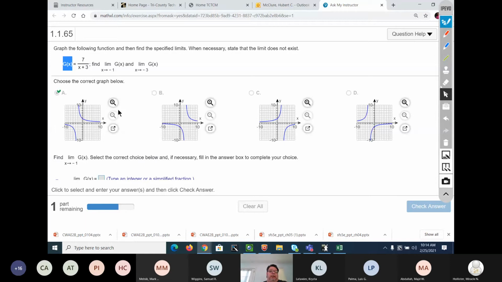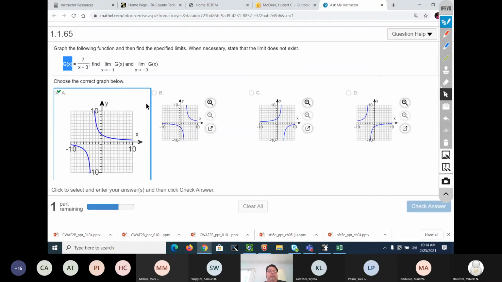Now, what does it say right here? Limit as x approaches negative 1. So I'm going to blow this up because we need to blow it up. We know that there's a vertical asymptote at negative 3. So I'm going to put a green line at negative 3. 1, 2, 3. So it's this line right here.